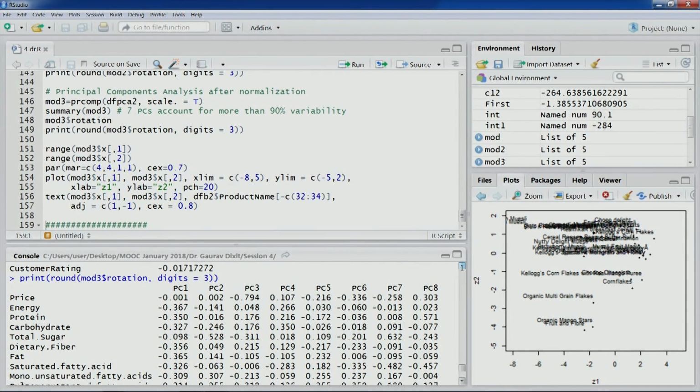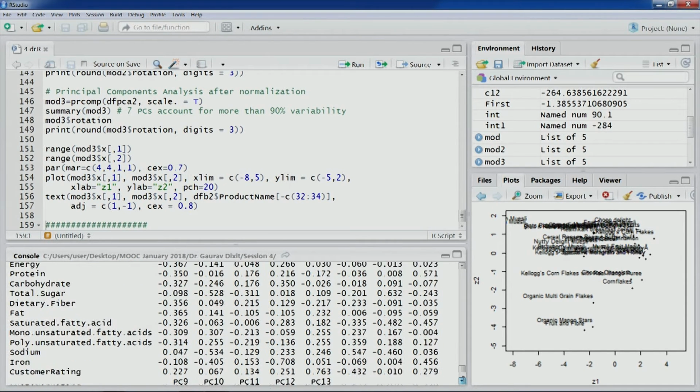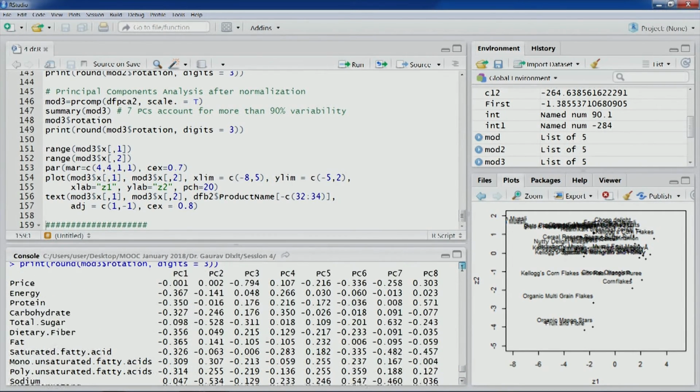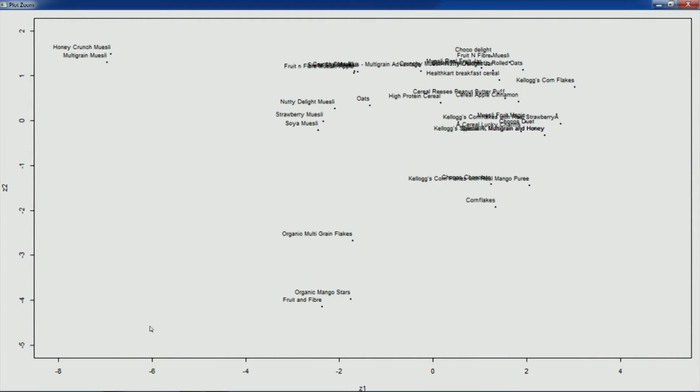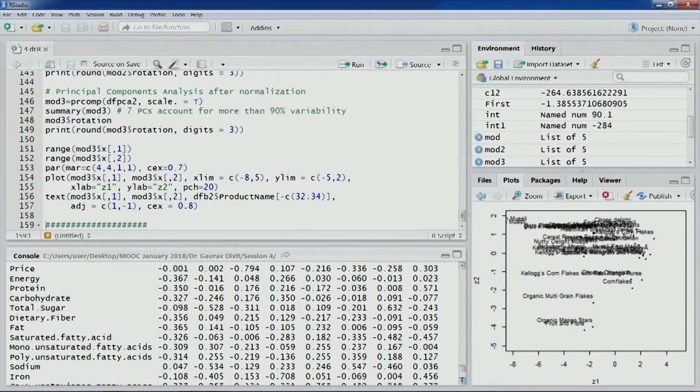Similarly, for the second direction also, we can make a similar kind of analysis. For example, sugar, sodium and iron dominated the second principal component. So as we move from bottom to top in this Z2 dimension, we would see a decrease in these three contents, that is sugar, sodium and iron.